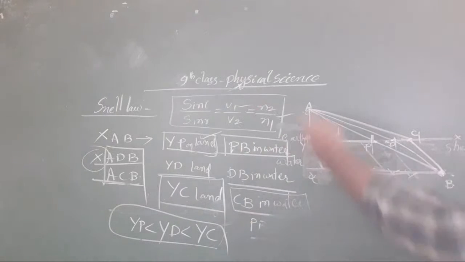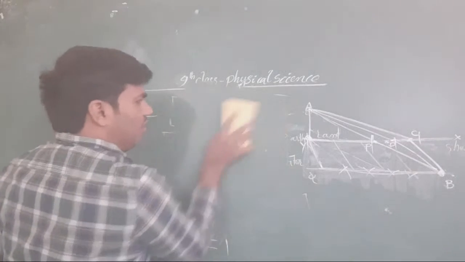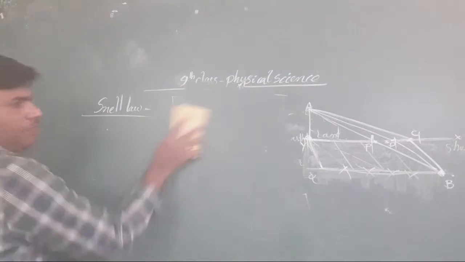I hope you understood these things. Now we again draw whatever paths are there, ADB as well as ACB. Clearly here, this is the path. Yes, this is the shore line of land.